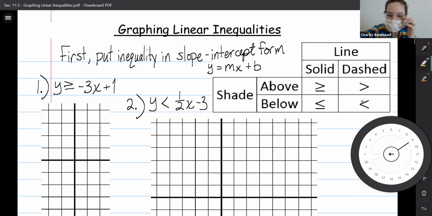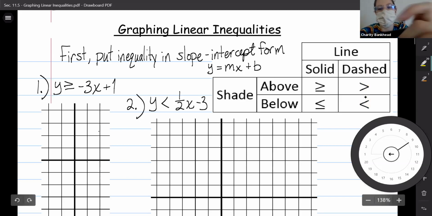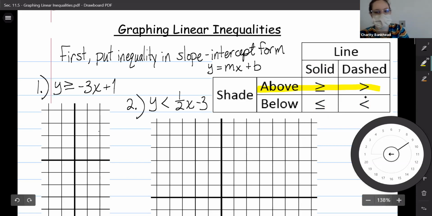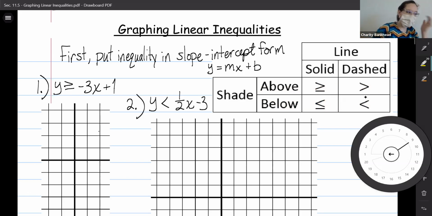Otherwise, if it does have the "or equal to" part, then you're going to use a solid line. Then after you draw the line, you're going to shade one side or the other, either above or below. If it's a greater than, you shade above the line. If it's a less than, you shade below the line. Think of that line as like a ladder or a staircase. You're either on it or you're under it, okay?